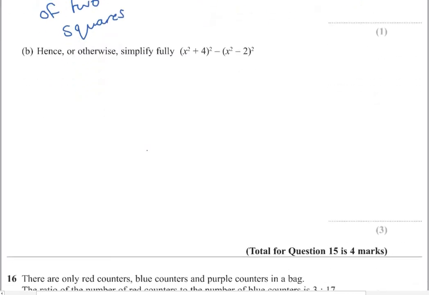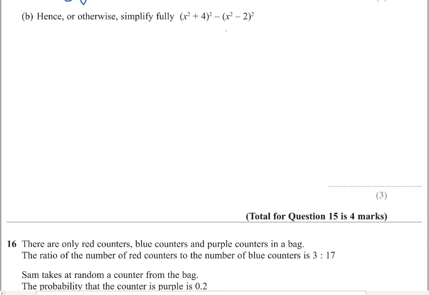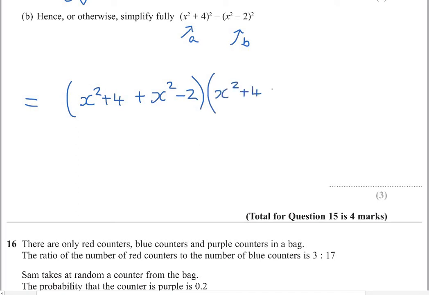Okay, so it says, hence or otherwise simplify fully this. Now this is our a, and this is our b. So what did it factorize to earlier? Well, it was a plus b times a minus b. So x squared plus 4 plus x squared minus 2. And we're multiplying by a minus b: x squared plus 4 minus x squared minus 2. Okay, and we just got to simplify that and expand it.